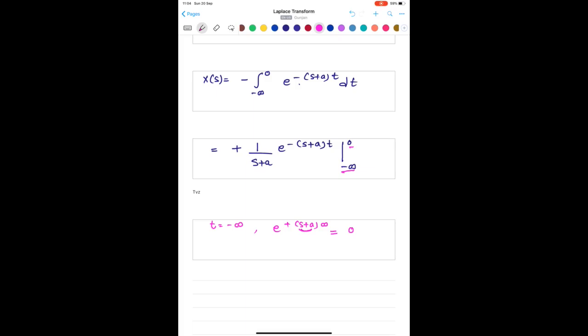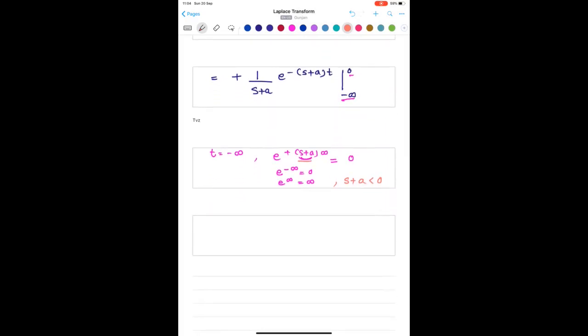Why? Because we must know at this point that e raised to the power minus infinity is equal to 0 and e raised to the power infinity is equal to infinity. So we must say that s plus a must be less than 0, then it will converge. So now for X of s we have the condition s plus a less than 0.